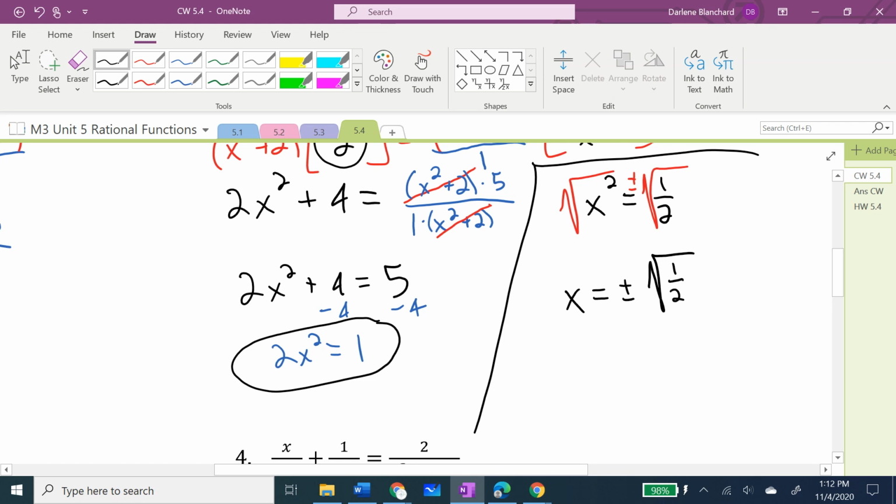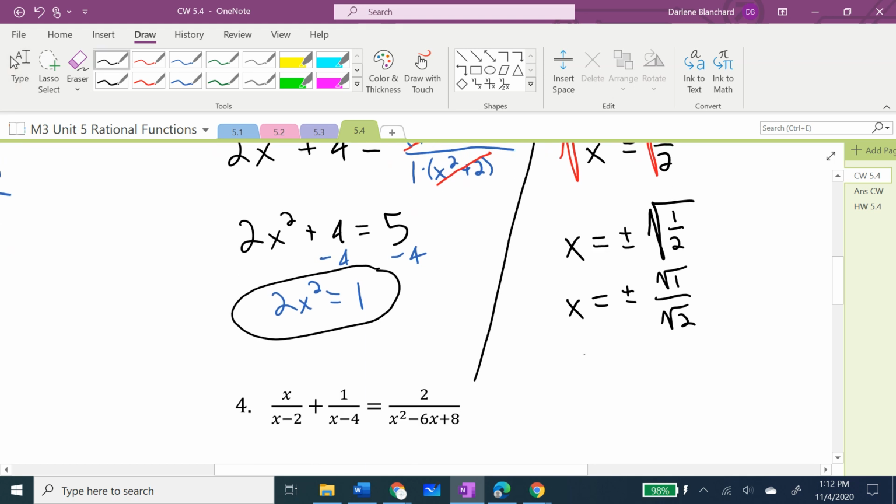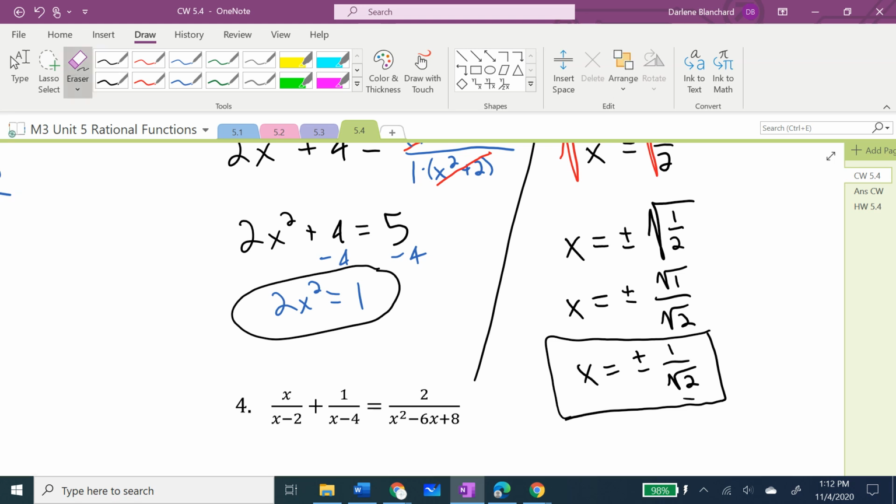And one thing you want to remember is that square root is going to distribute over division, just like an exponent distributes over division. And I get the square root of 1 divided by the square root of 2. The square root of 1 is 1. So this is what I skipped. I went too quickly to that answer. So I actually did square root the whole thing. I just didn't show the work that I needed to show for you to see that.